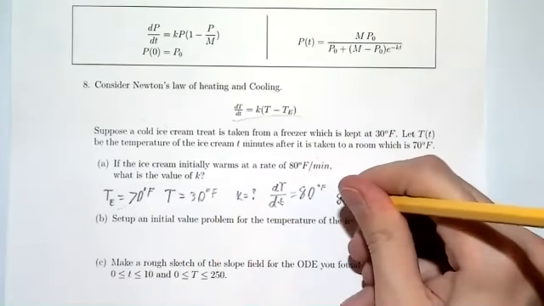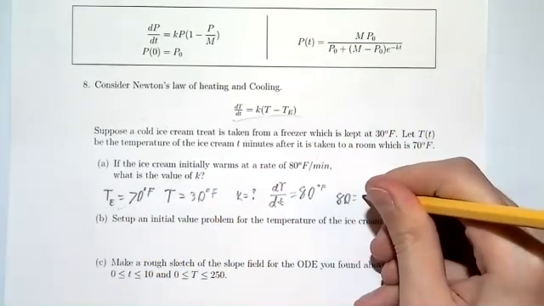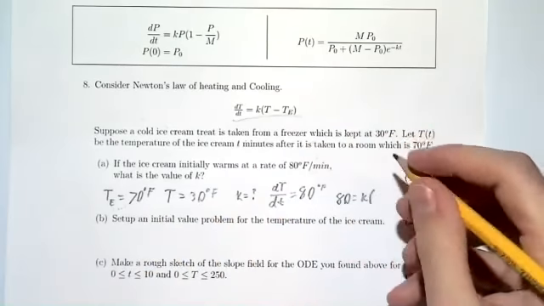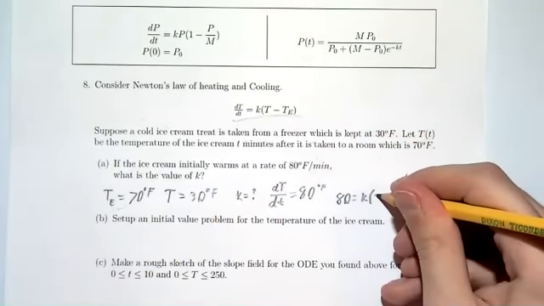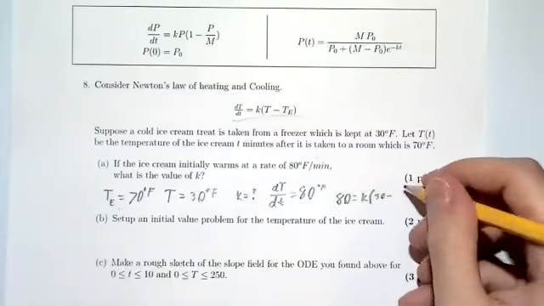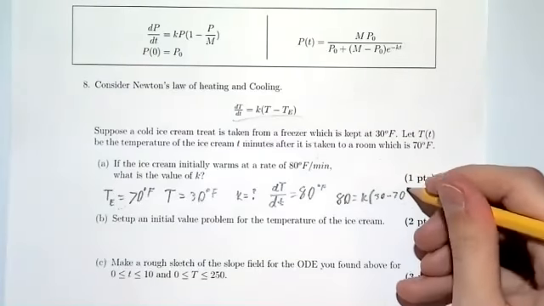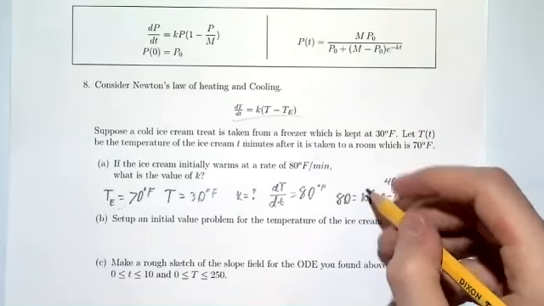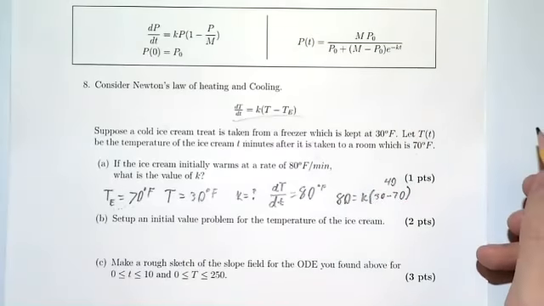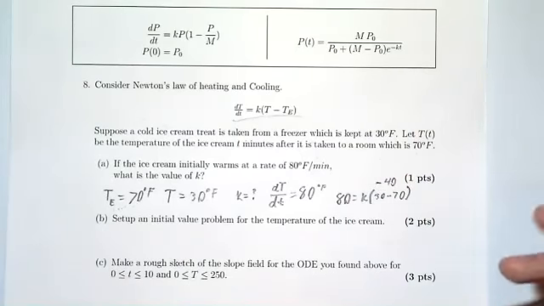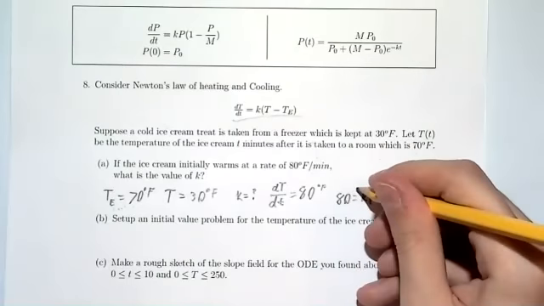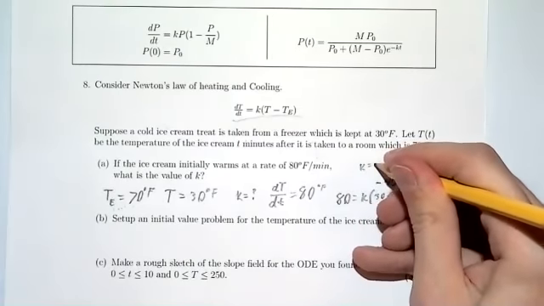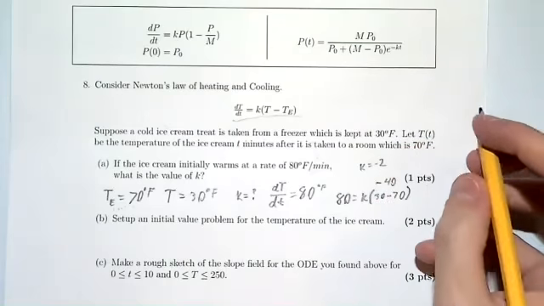So we get 80 is equal to K times, and then it'll be 30 minus 70. So this is 40 right here. And then 80 divided by 40 is 2. This is actually negative 40, I forgot, because it's 30 minus 70. And so K is going to be equal to negative 2.